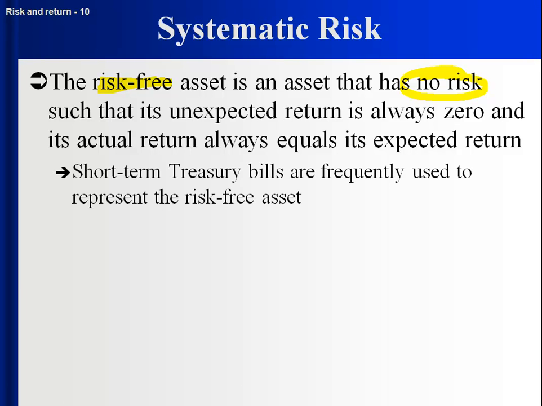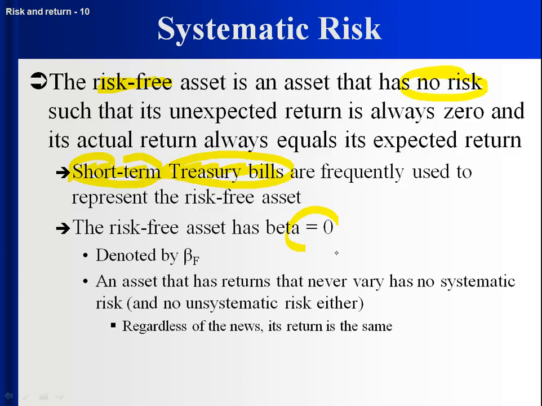We don't actually have in the real world a true risk-free asset. The closest we have is short-term U.S. Treasury bills, with very little interest rate risk. If yields did happen to change, the price wouldn't change by much. And T-bills have very little to no default risk. And so the rate on those is what's commonly used as a proxy for the risk-free rate.